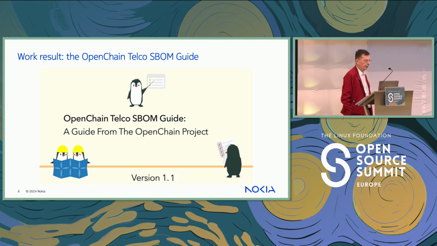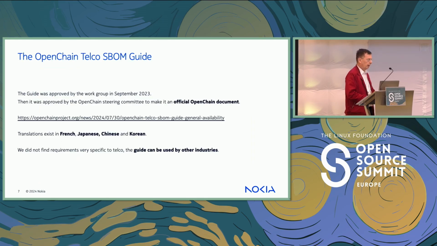So the result of our work is a document called the OpenChain Telco SBOM Guide, and it's currently in version 1.1. We had produced a first version, 1.0, and after some feedback, we produced a minor update.